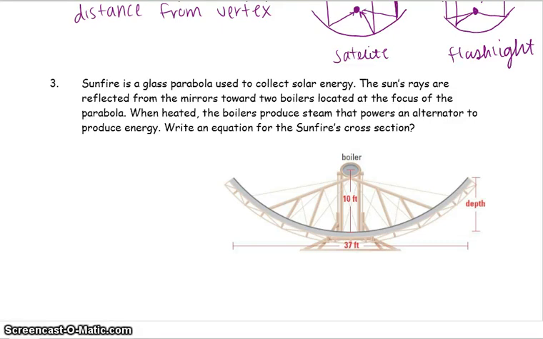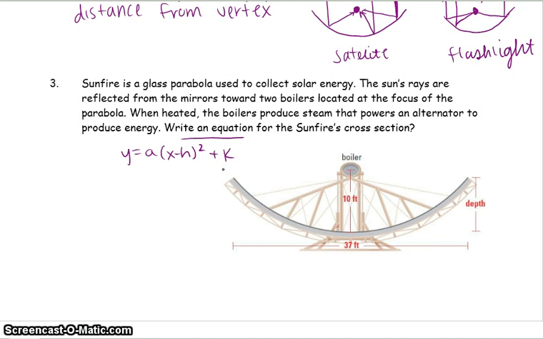So what we need to start out with, or what we need to think about, when we're writing an equation, is this opening up or down? So since it's opening up, we know our x value is going to be squared, so we're going to have our equation of y equals a times x minus h squared plus k. So our equation is going to be in this form.